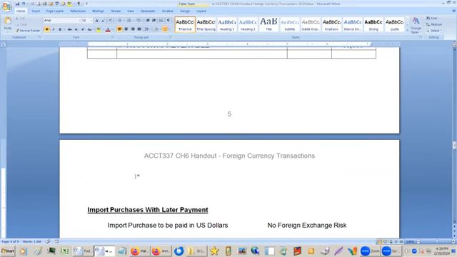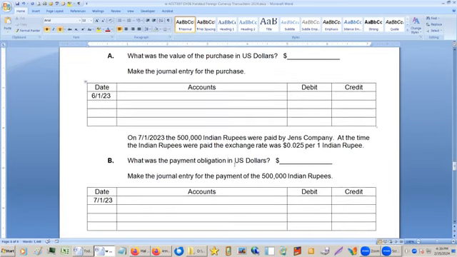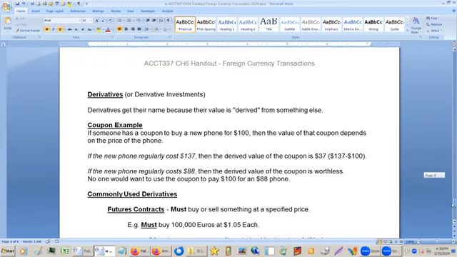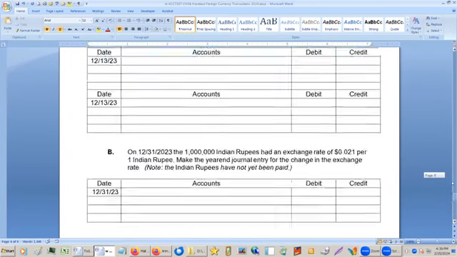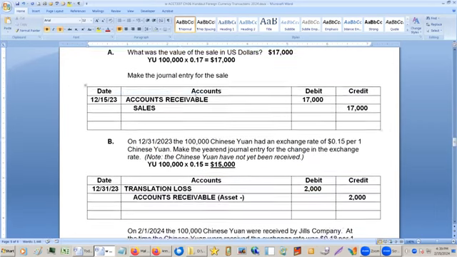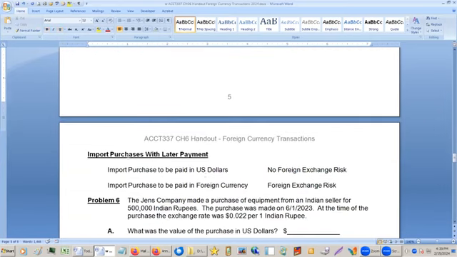Okay. These are kind of the same thing, just the other way around. Yeah, the purchases are similar.